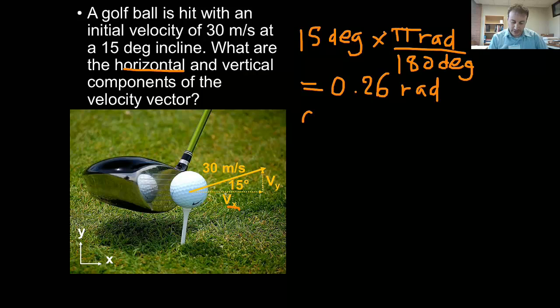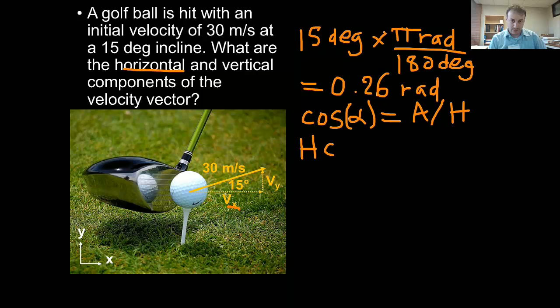We know that cosine alpha is equal to its adjacent side over its hypotenuse. And we can rearrange this so that the hypotenuse multiplied by the cosine of alpha is equal to its adjacent side.